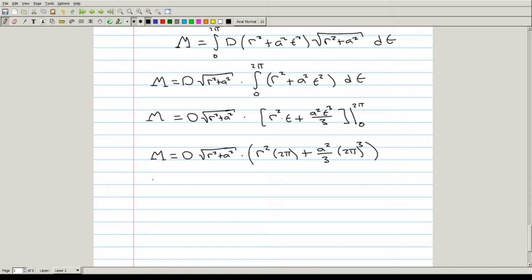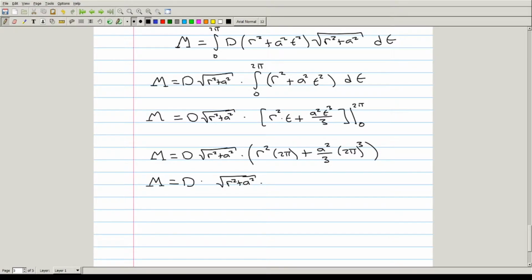Which we can simplify a little bit to a nice final formula. It'll be d times the square root of r squared plus a squared times, and I'll put 2 pi at the very beginning because it's part of a constant.